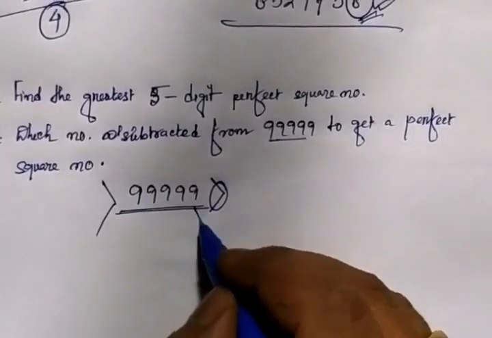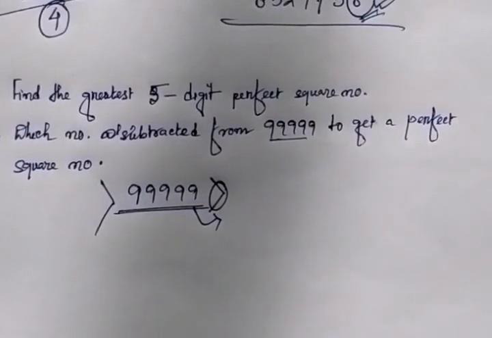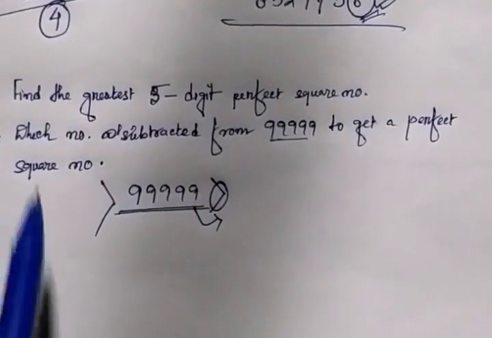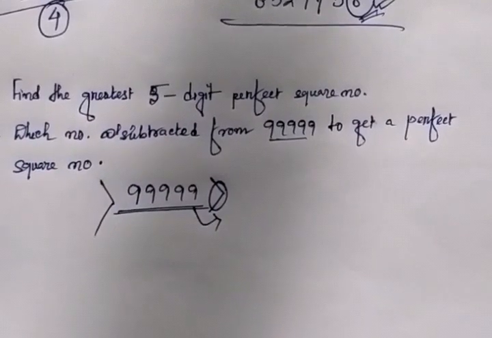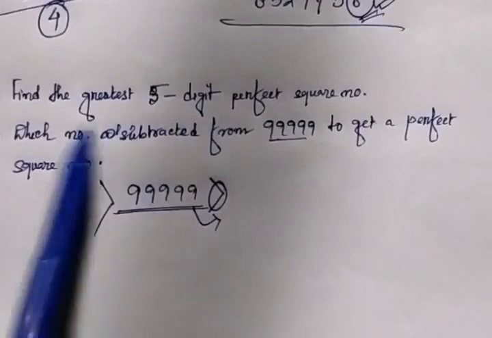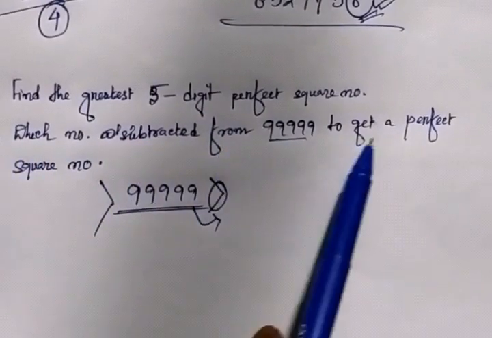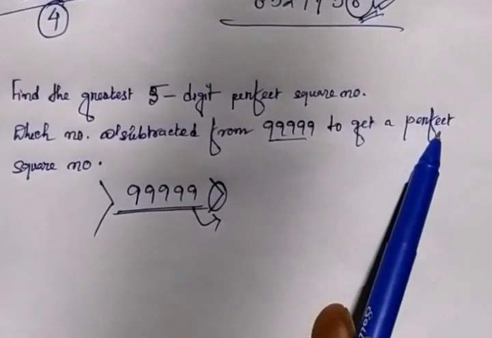So we subtract something from this number to get a perfect square number. Both questions have the same meaning: find the greatest 5-digit perfect square number, or which number subtracted from 99999 gives a perfect square number.